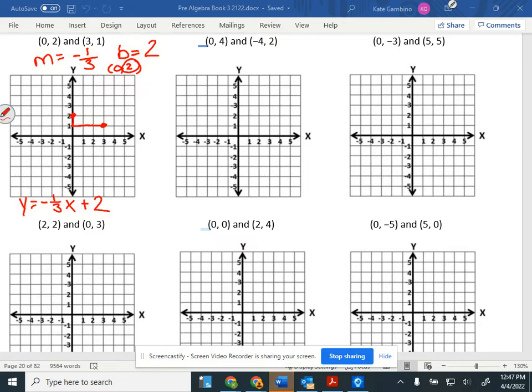Now remember the directions. It said, show how you've checked your answer. How can we check our answer? Paul? By plugging in 0. I have the equation. What do I need to plug into the equation?